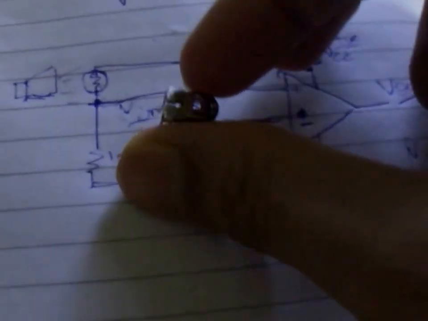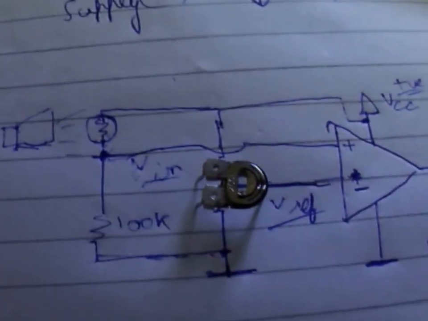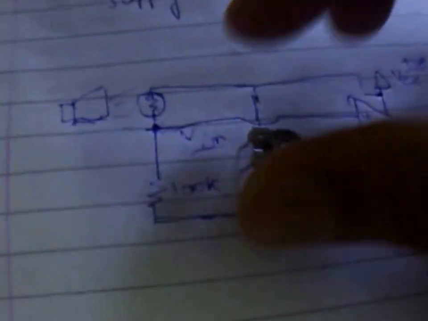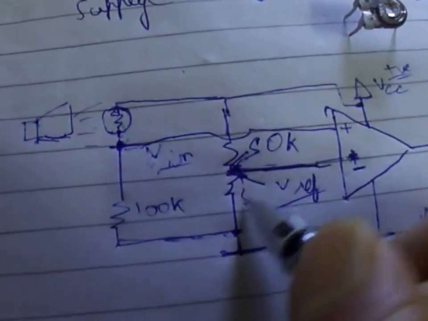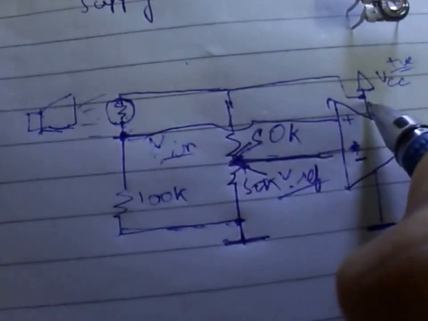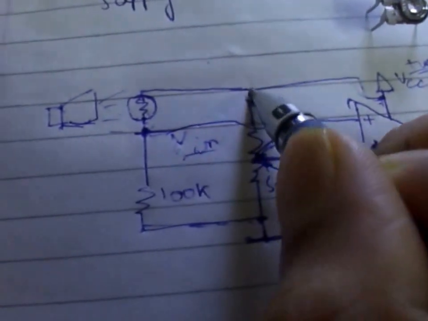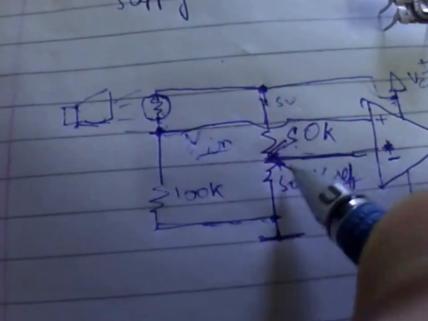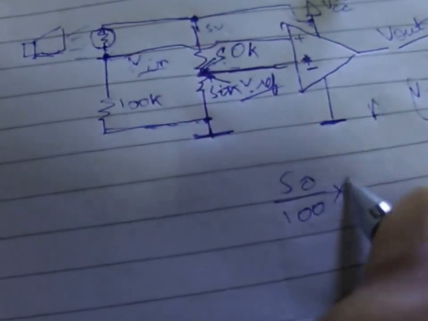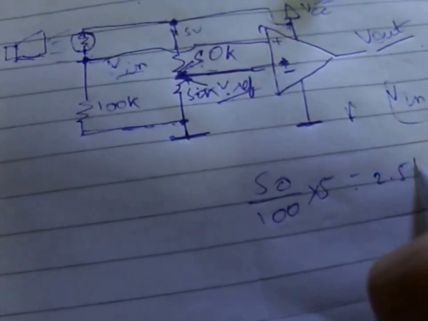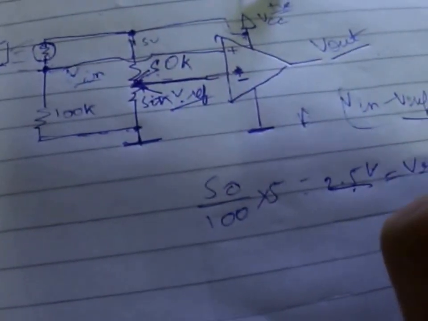So this will offer a resistance half of 100k, that is 50k. So this will be 50k and this will be 50k. So 5 volt is coming at this point, and 50k resistance will divide it as 50 by 100 into 5, that is 2.5 volts, and this will be V ref.